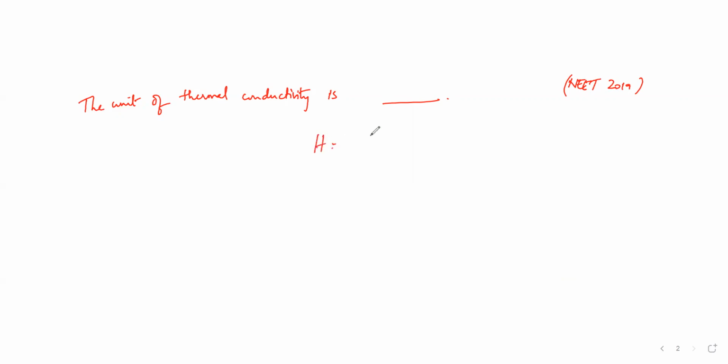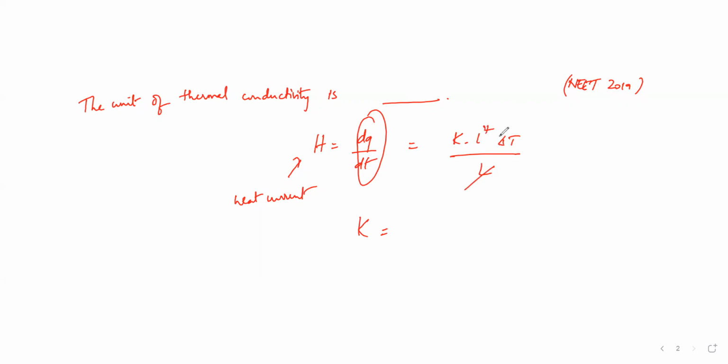Thermal conductivity: H is equal to dQ by dt, heat current basically, that is equal to K into A into delta T by L. So I want to find K. This is nothing but heat per unit time, that is nothing but watt. Area is L squared, so cancel out, you will have L. Then you have delta T. Temperature is measured in kelvins.